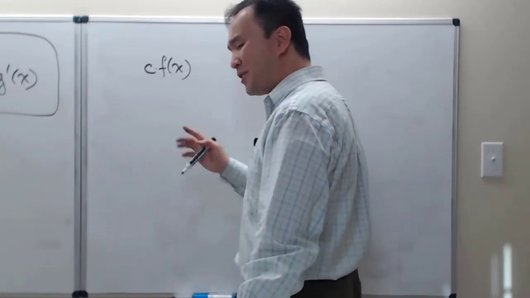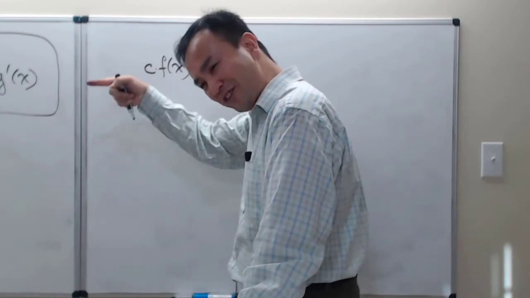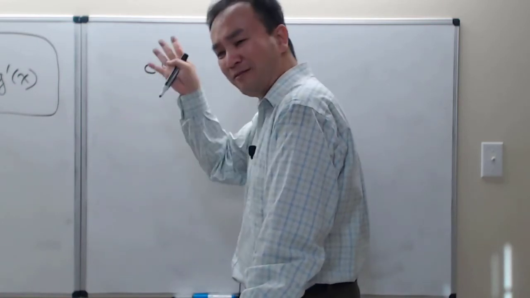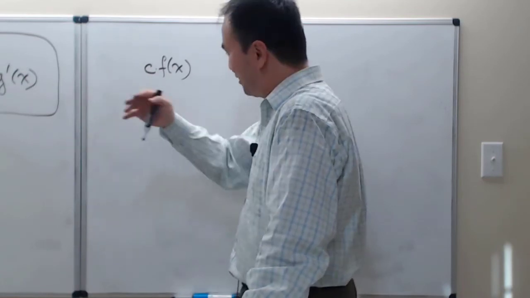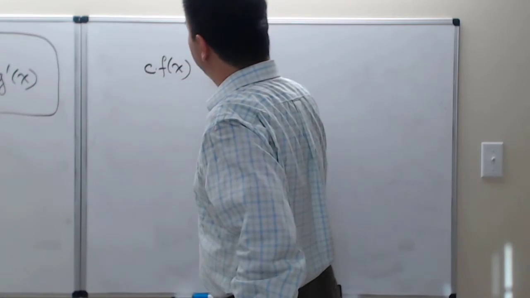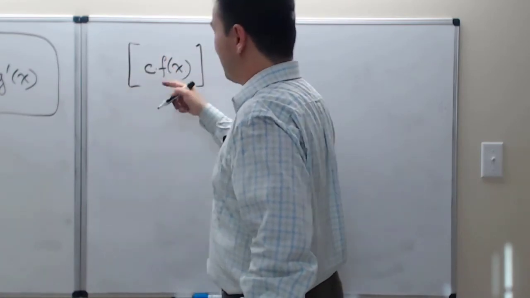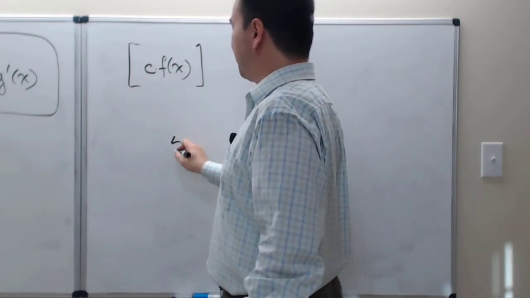And trust me, maybe even before I start introducing this, some of you already had in mind what it should be. But it's just math. We have to formalize every single thing and make it into either a rule or a formula. So here, what we see is that a lot of times you have to find the derivative of some function that has a coefficient in front. Say like a 5x squared.